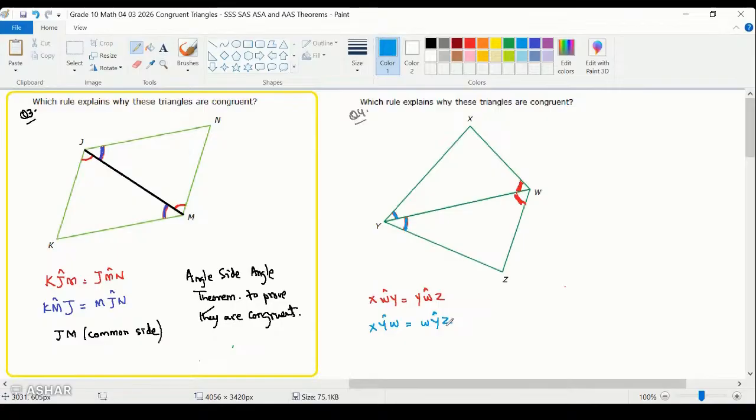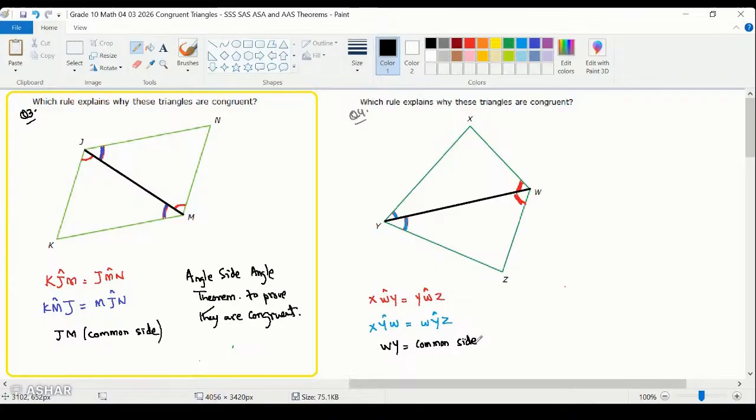They both are equal angles, right? So we have the ratio given of two angles and we have one common side. Agreed? WY is the common side.